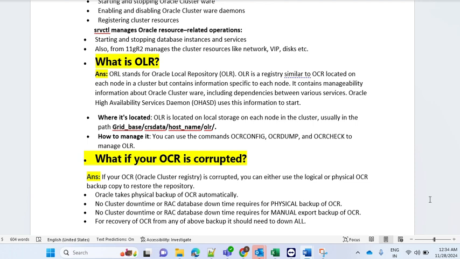Before 11g R2, OCR backup was happening manually. Next, no cluster downtime or RAC database downtime is required for a physical backup of OCR, and no cluster downtime or RAC downtime is required for a manual export backup of OCR. For recovery of OCR from any of the above backup methods, it needs downtime.